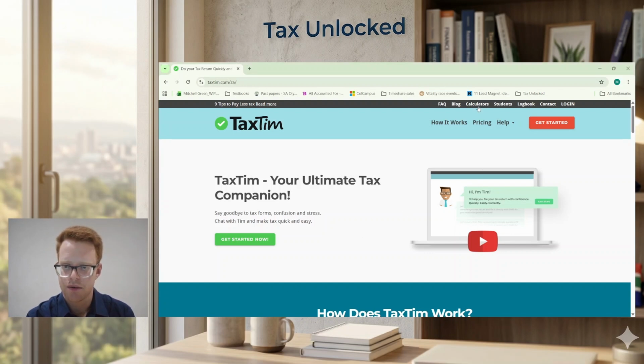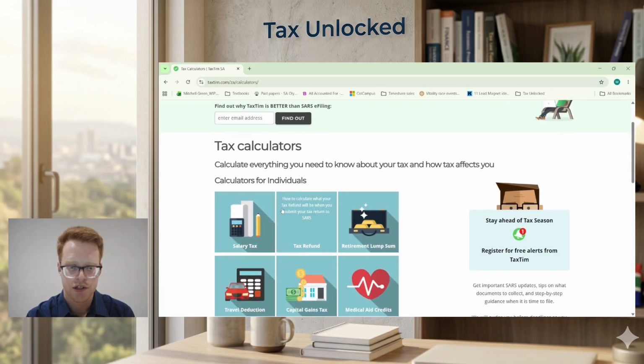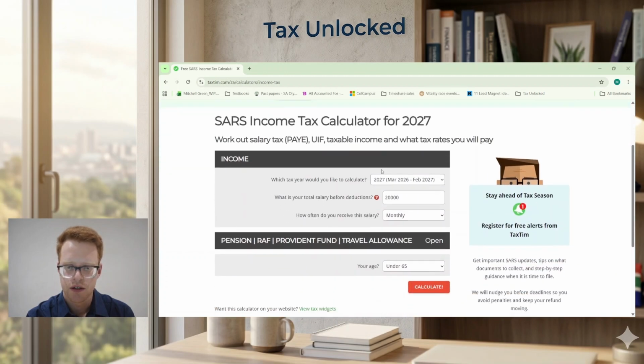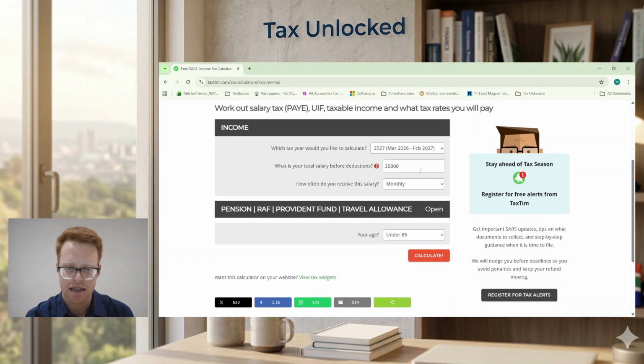At the top here we see calculators, and the very first one is salary tax. I'm going to walk you through two examples, one fairly simple one and then a more complicated one. We'll stick with the current tax year, but you can choose an older one if you want. That's from March 26 to Feb 2027.